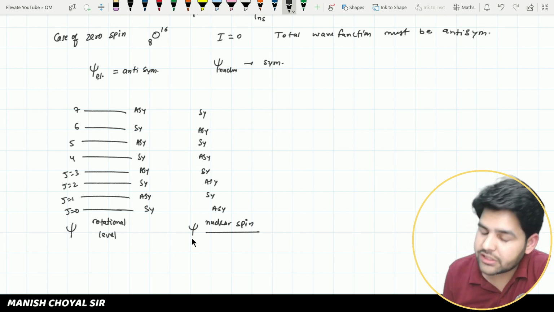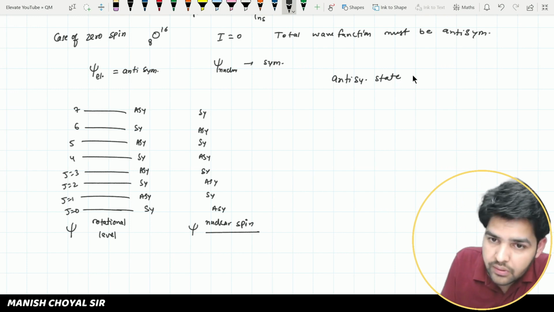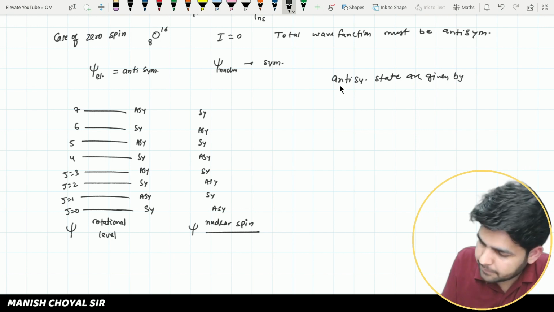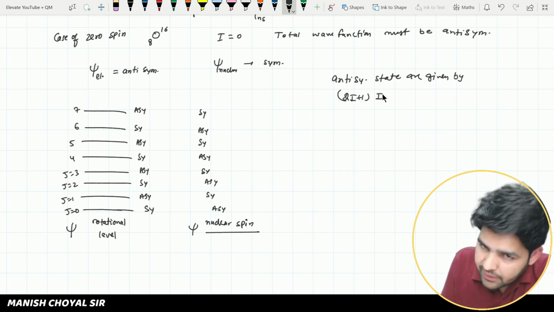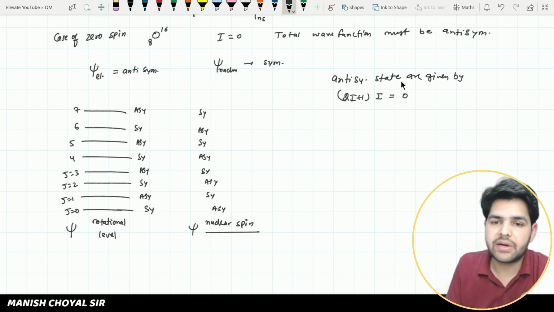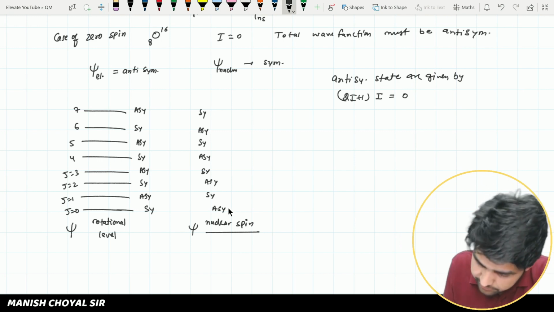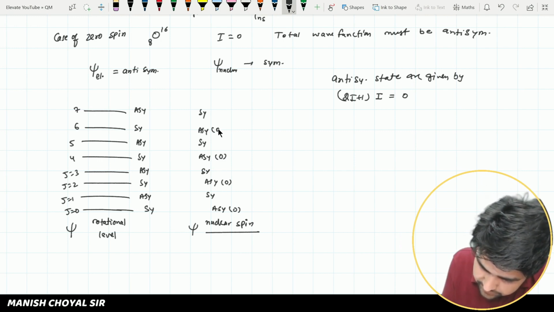Here the antisymmetric states are given by (2I plus 1) multiplied by I, where I equals 0. So in total the antisymmetric states are 0, 0, 0 and 0.